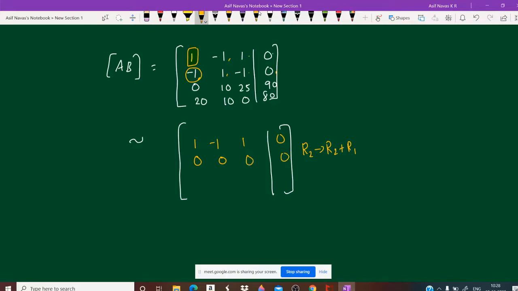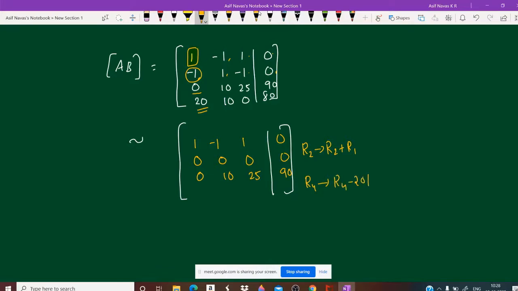So we got a completely zero row. Now this row is already 0 in the first position, so we can directly write 0, 10, 25, 90. Now here it is 20. So what is the row operation? R4 becomes R4 minus 20 R1.